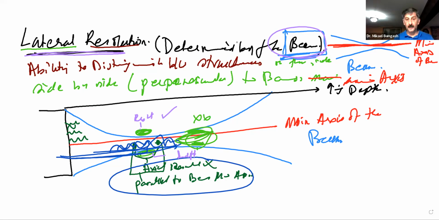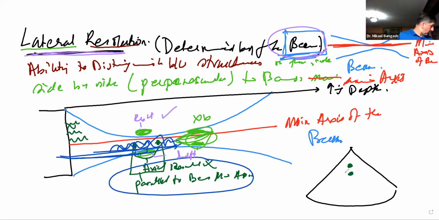So if you look at an image, for instance, the ability to distinguish this structure here from this structure here, that is axial resolution.